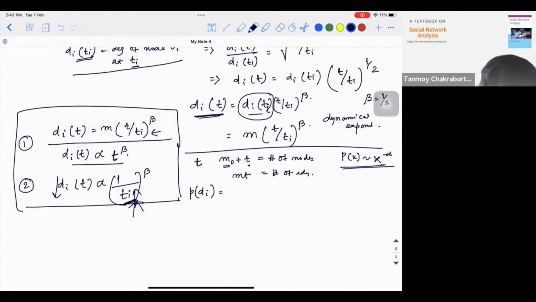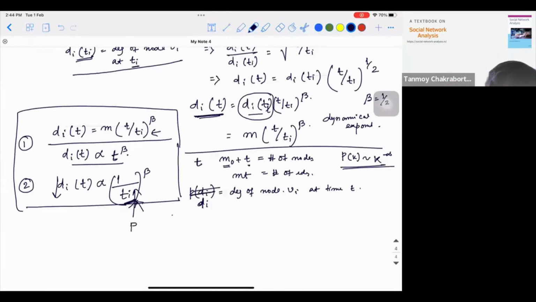What is di? di is the degree of node vi at time t. P is the probability.